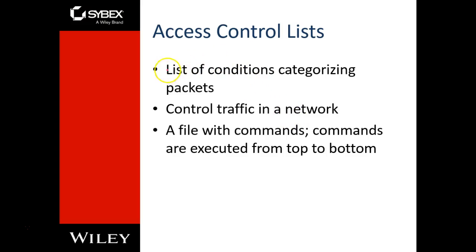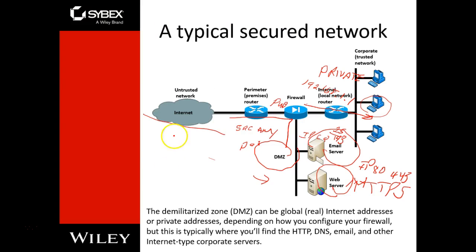So some of the stuff that I think we've talked about, access control lists, the list of conditions categorizing packets. The list of conditions is probably not going to be all that long. Controls traffic in a network. Who do we want to allow where? One of the things that probably is handy, let me go back to this thing here, is on the private IP, private network, what can get out?